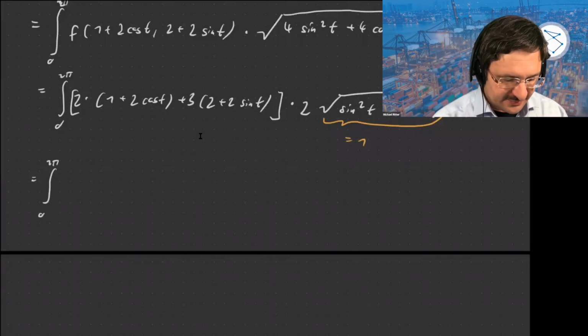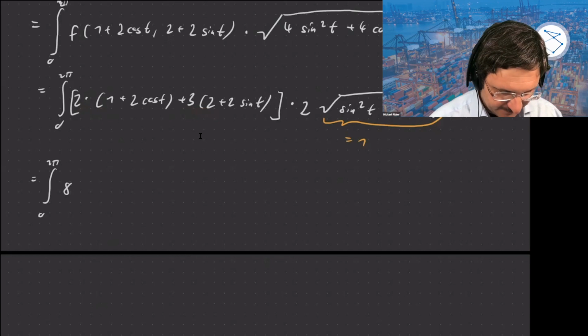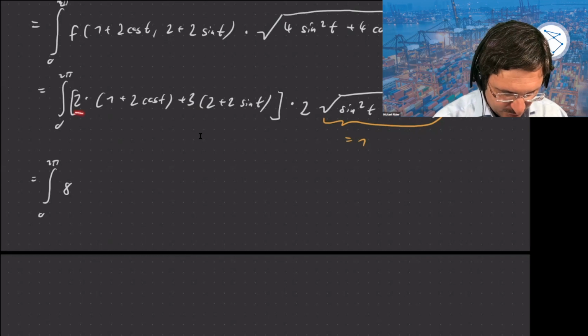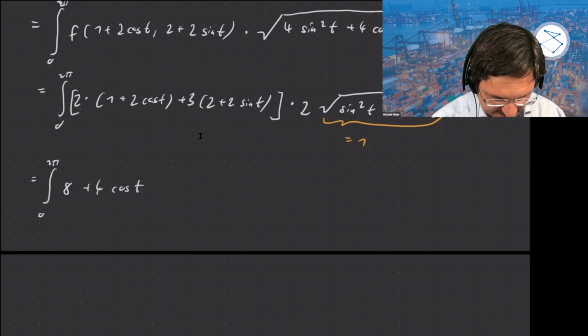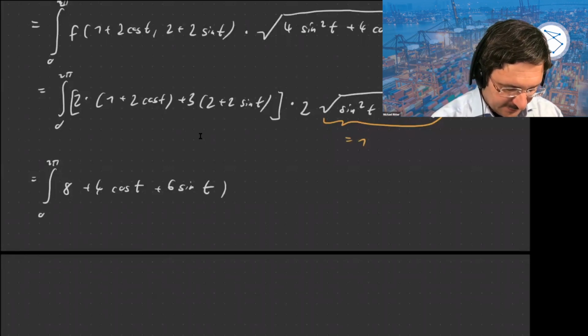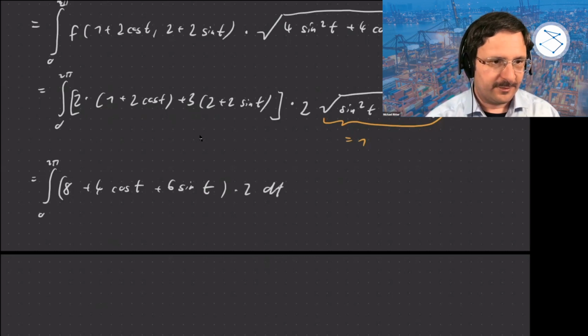So what do we get from that function? So let's see, here's 2 plus 6, so that's 8. And then we get 2 times 2 cosine of t, so that's 4 cosine of t, plus 3 times 2 sine of t, so 6 sine of t. And here we have times 2 dt. Okay, so that's something that we can integrate.